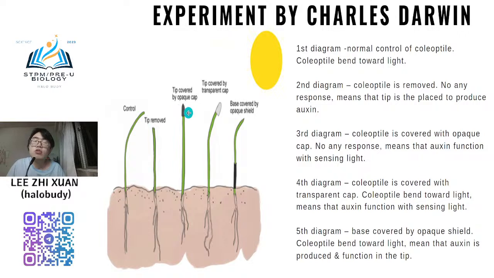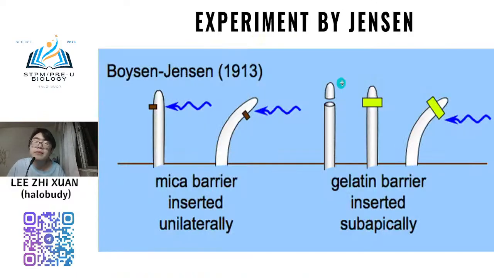The second conclusion is that although you keep the tip of the shoot, if there is no light toward the auxin, the auxin still cannot have a light response for phototropism. So this is the conclusion reached by Charles Darwin about the phototropism, the light response from auxin.